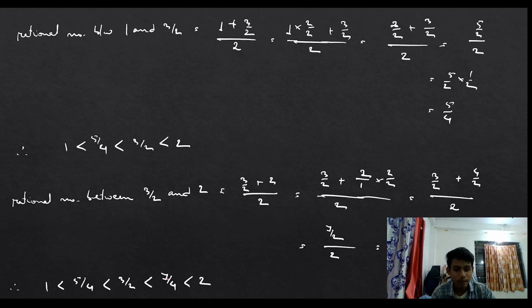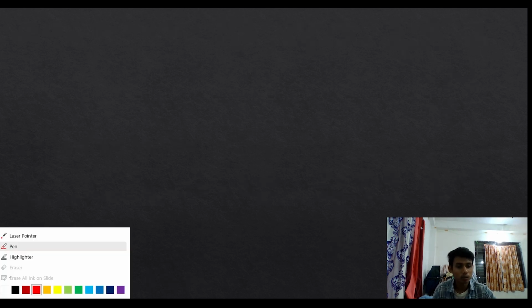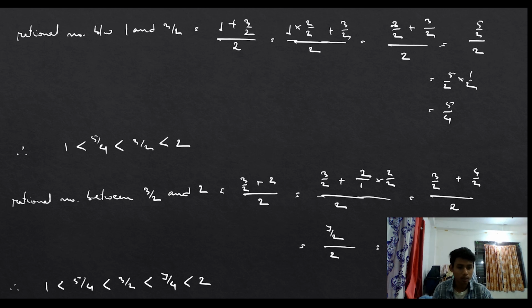Till now we have found 3 rational numbers between 1 and 2, and we are left with 2 rational numbers. Now we are going to find rational numbers between 1 and 5 by 4.